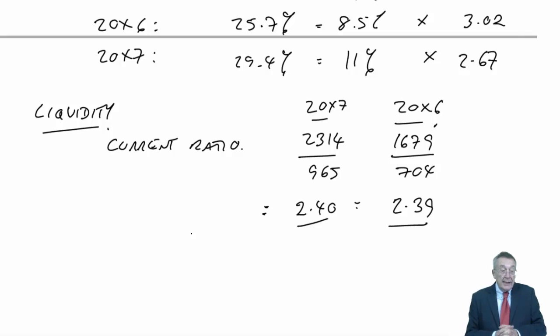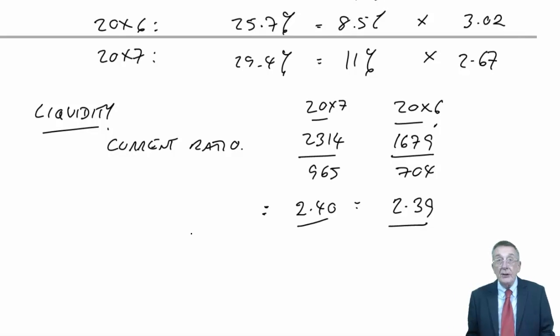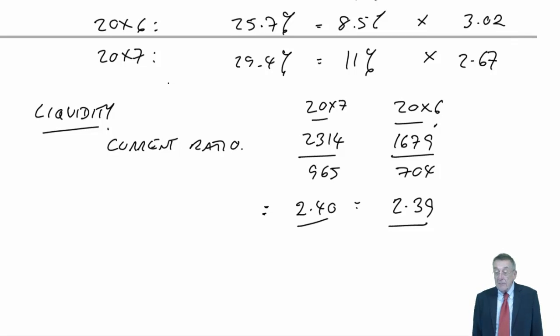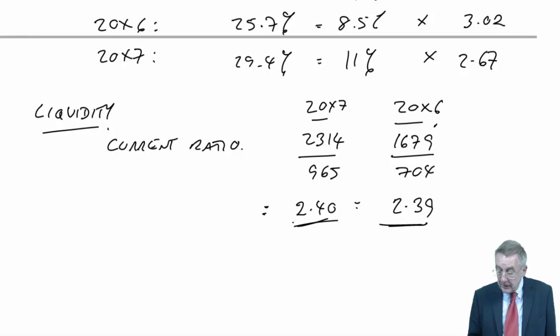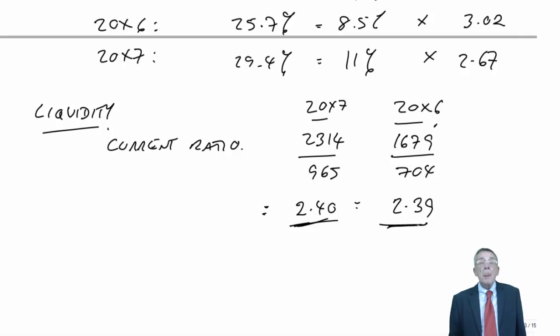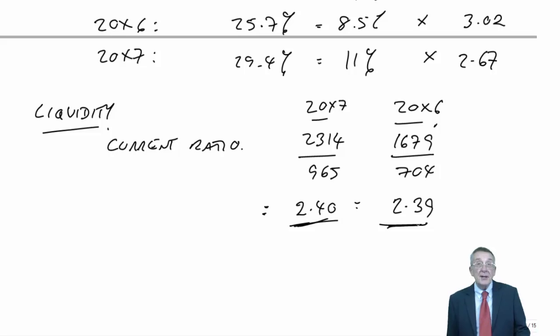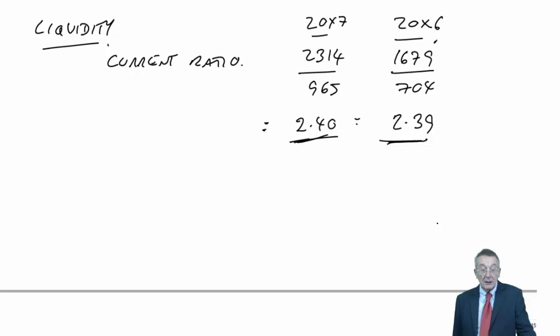If it gets too high, that in itself can be worrying. You don't want to keep huge levels of inventory. It might take too long to sell them. Risk of them becoming obsolete. So this is one where, all right, there's no major movement to worry about either way. But one certainly where perhaps comparing with similar companies would make more sense. And then we'd know whether that was a reasonable level or not.